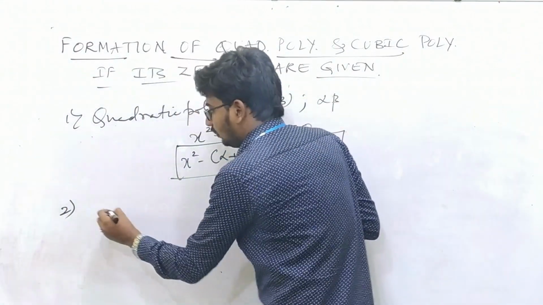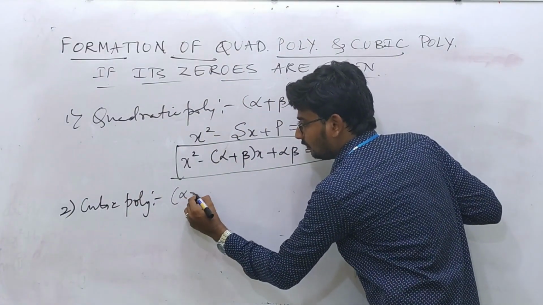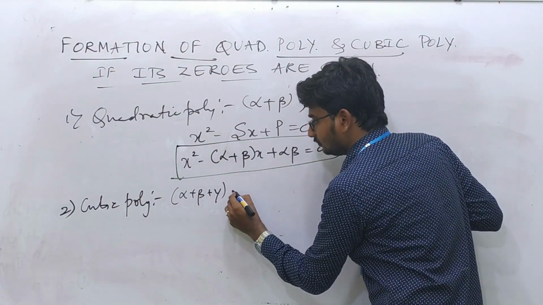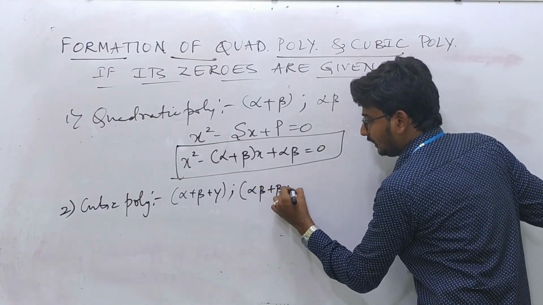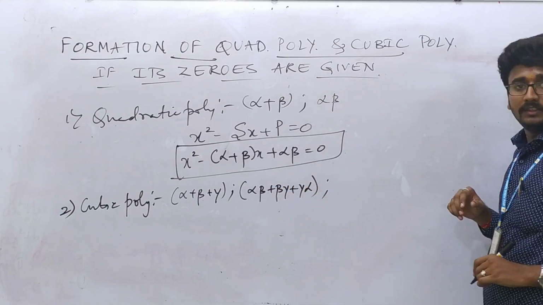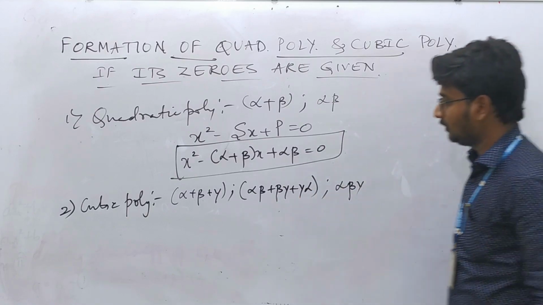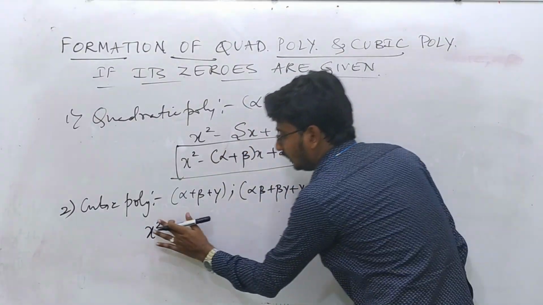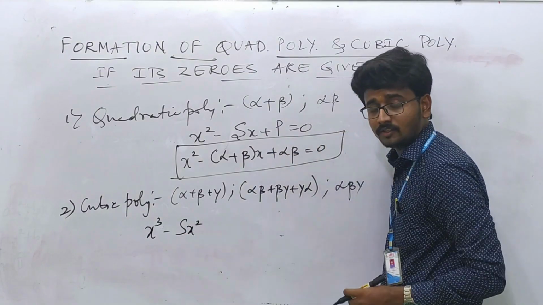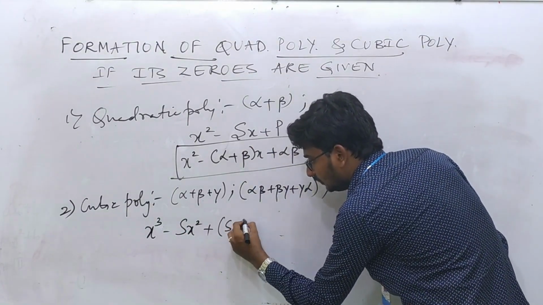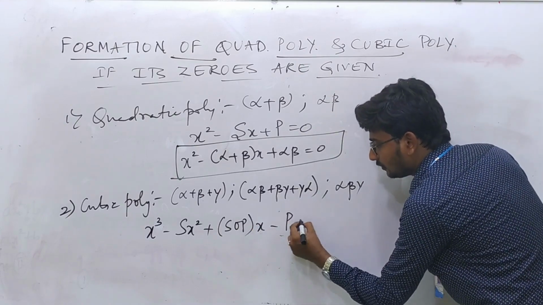Similarly, for the cubic polynomial, the sum of zeros is alpha plus beta plus gamma. The sum of product of zeros is alpha beta plus beta gamma plus gamma alpha. Then the product of zeros is alpha beta gamma. Now, to form a cubic polynomial we use x cube minus s x square, where s means sum of zeros, plus SOP, sum of product of zeros, into x, minus product of zeros.